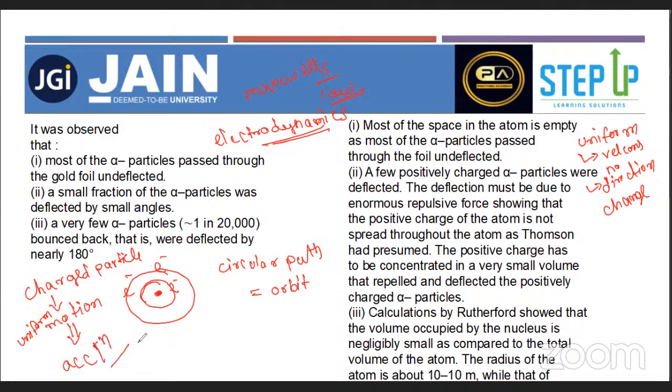So what Maxwell said is that any charged particle which is under acceleration will start losing its energy, and at some point it will come to rest. It will lose its energy in the form of electromagnetic radiation. So that was Maxwell's law of electrodynamics.